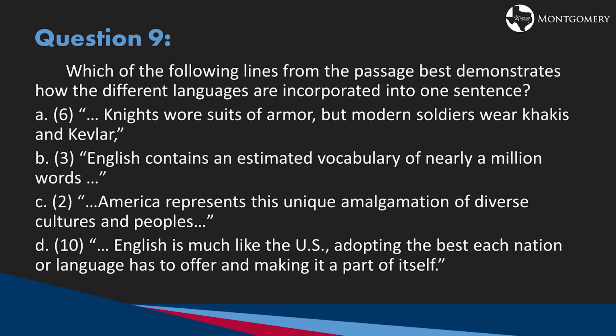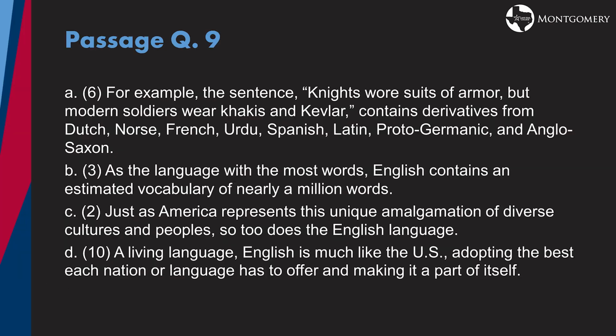Or D, English is much like the U.S., adopting the best each nation or language has to offer and making it a part of itself. Anytime you're given a question where they are taking snippets from the passage, you want to make sure that you go back and look at the individual sentences so you get an entire picture of it.